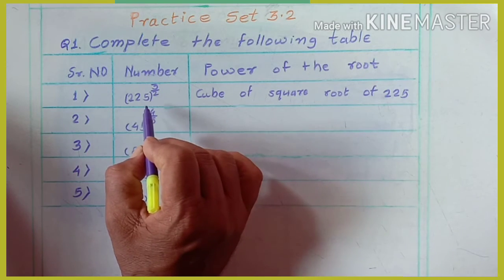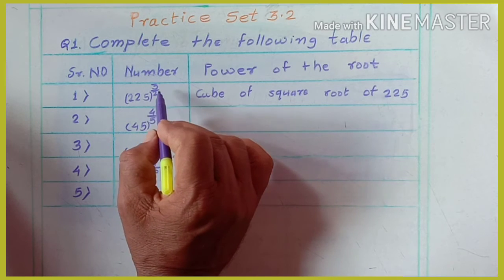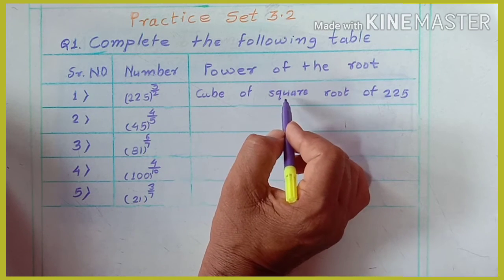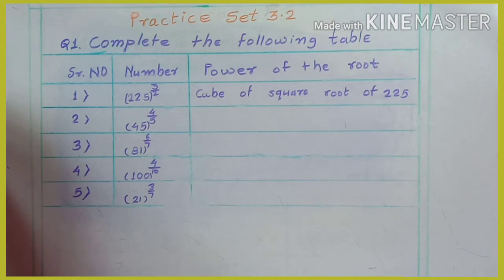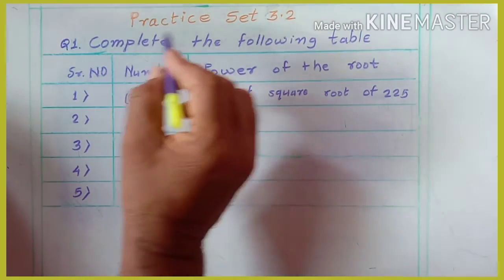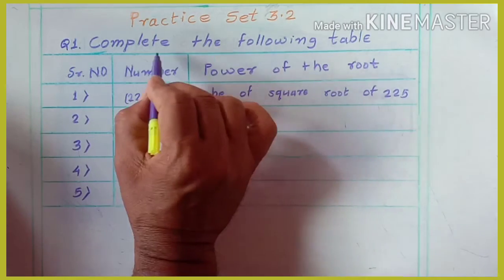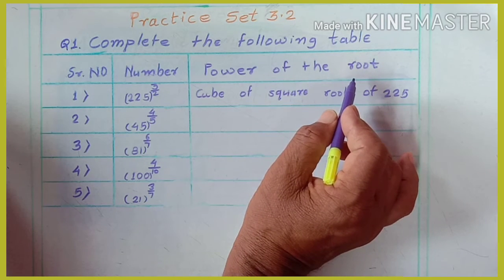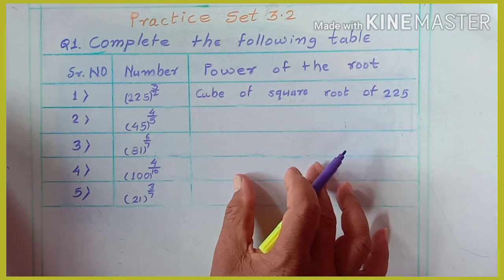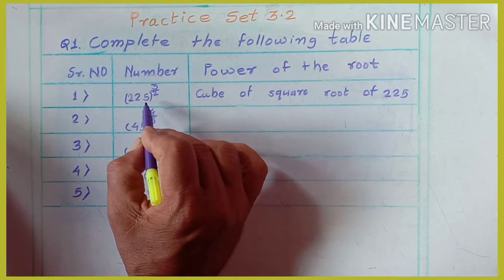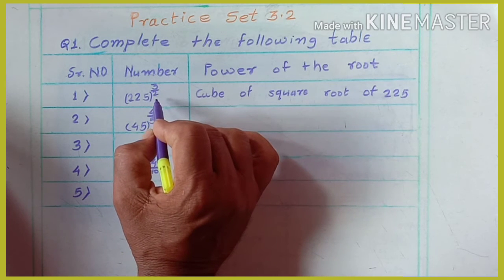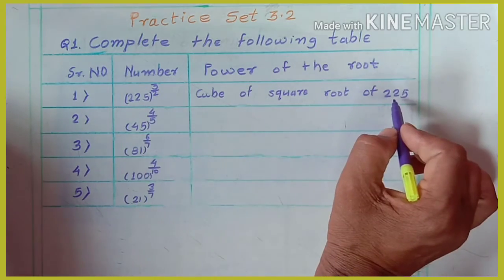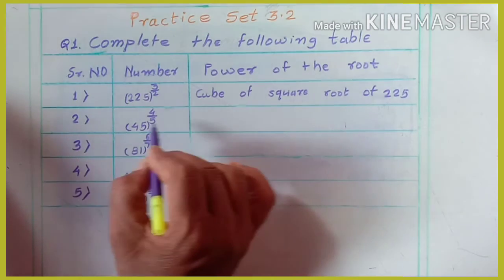Example number 1: 225 raised to 3 upon 2, meaning cube of square root of 225.